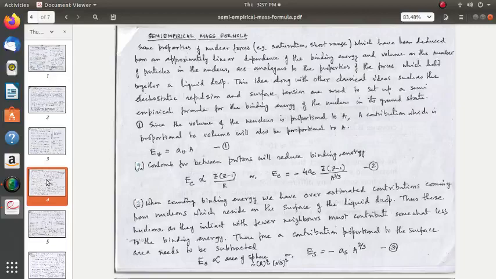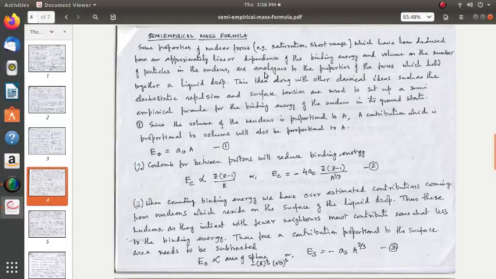Perhaps we cannot understand the binding energy fully, but certain average properties of nuclear forces, such as the saturation property or short range property, have been deduced from an approximately linear dependence of the binding energy and volume on the number of particles in the nucleus.